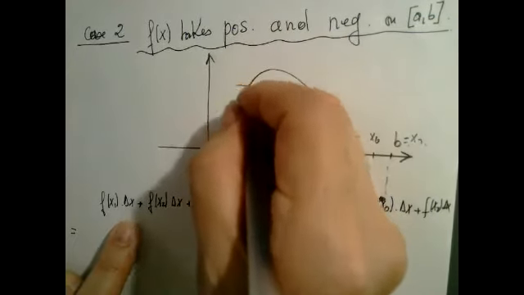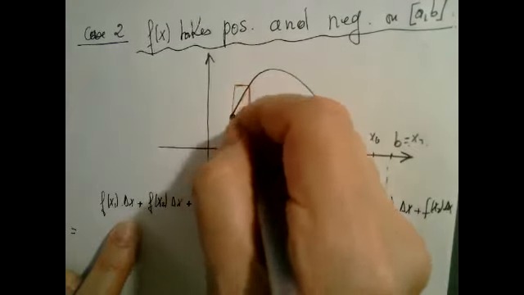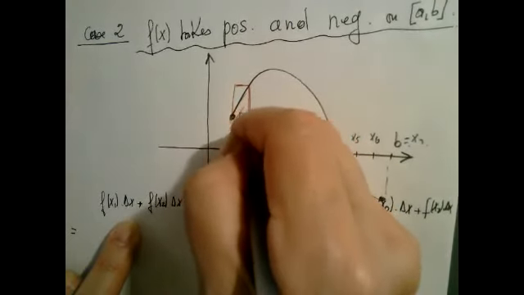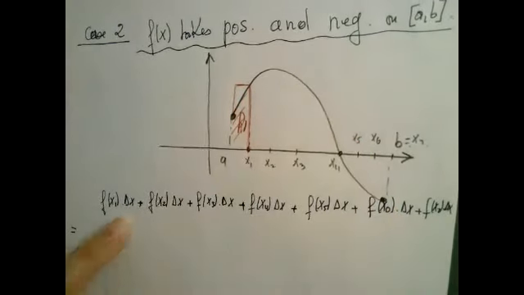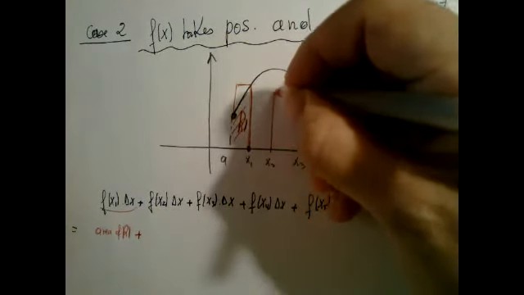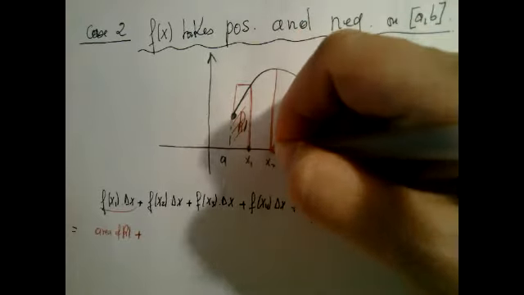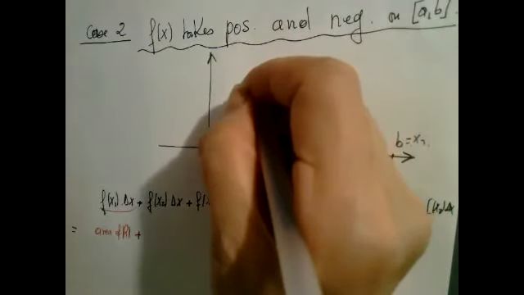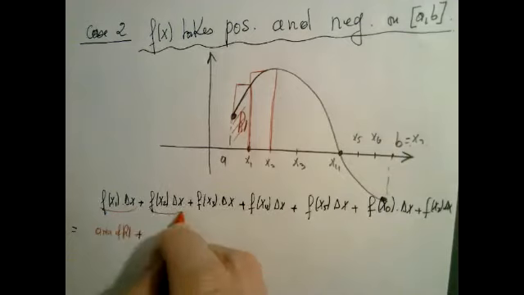And the delta x is from here. If I call this R1, so f of x1 delta x is the area of R1. Plus f of x2, that's the height from here to here, times delta x, that's the area of R2.